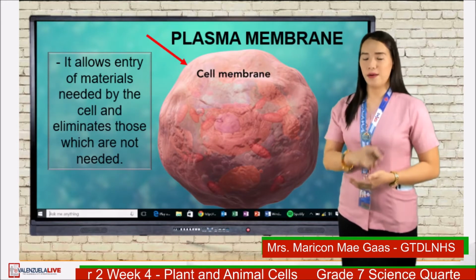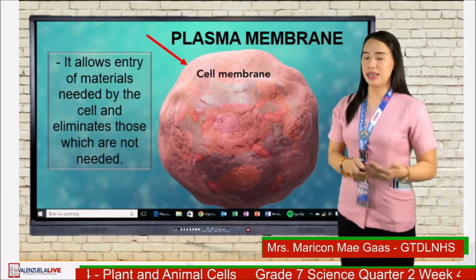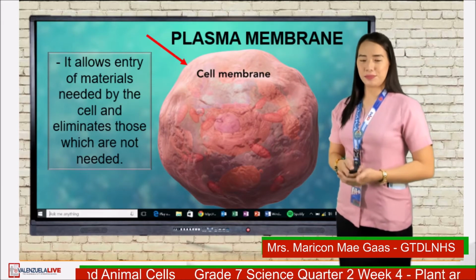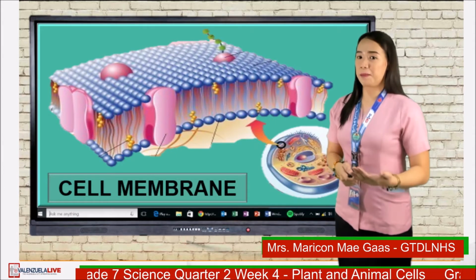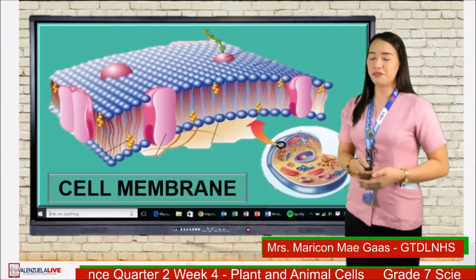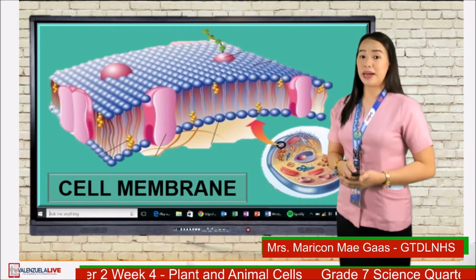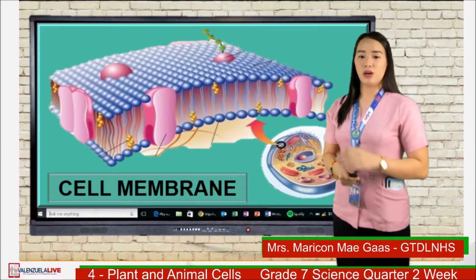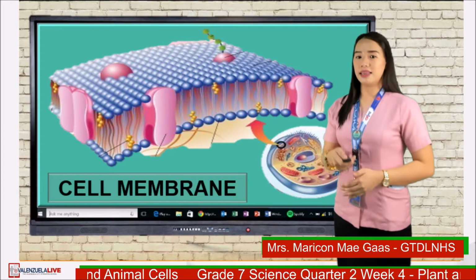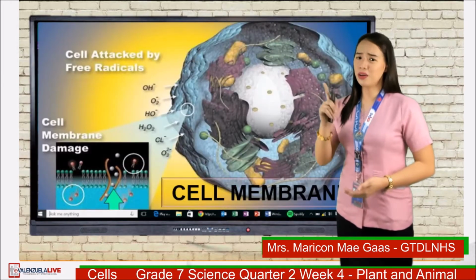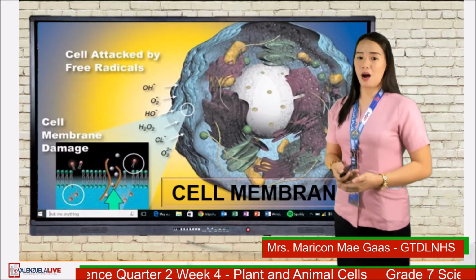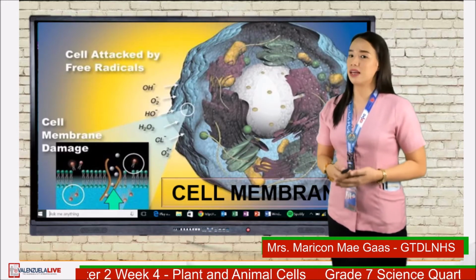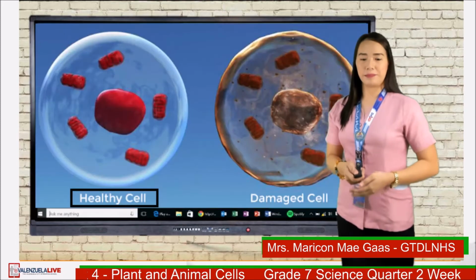It also controls what goes into and out of the cell. The plasma membrane or cell membrane allows entry of materials needed by the cell and eliminates those which are not needed. What do you think will happen to our cell if the plasma or cell membrane does not function properly?